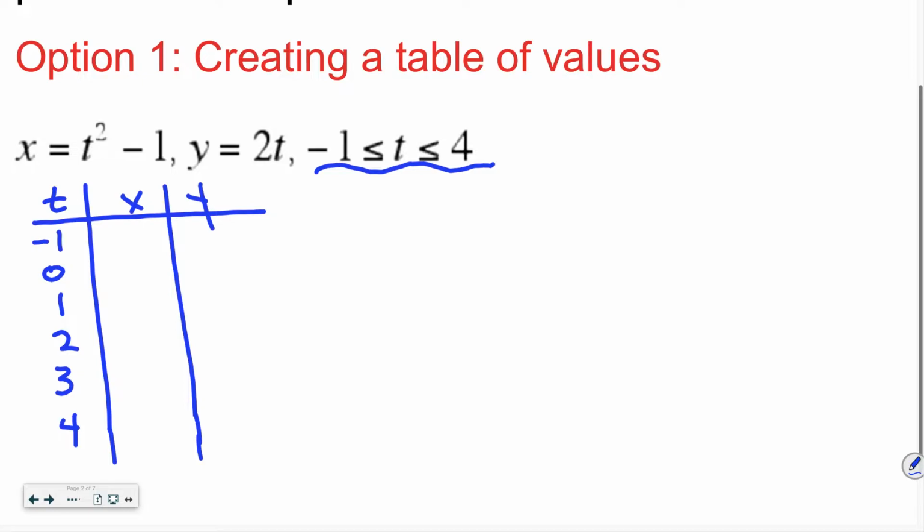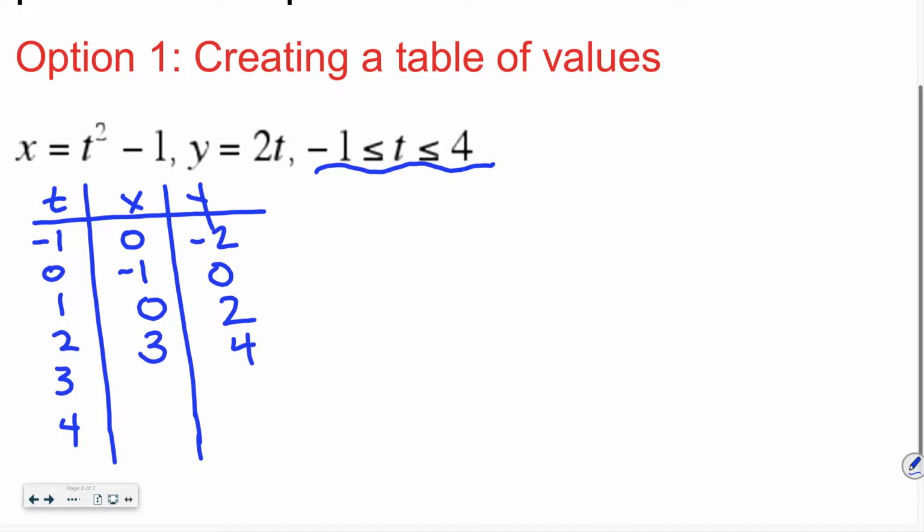So when we plug in -1, we get 0 for x, -2 for y. When we plug in 0, we get -1 for x and 0 for y. When we plug in +1, 0 for x, +2 for y. When we plug in 2 for t, x would be 3, y would be 4.